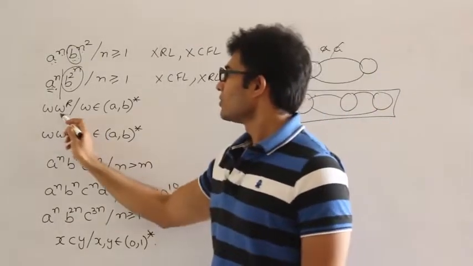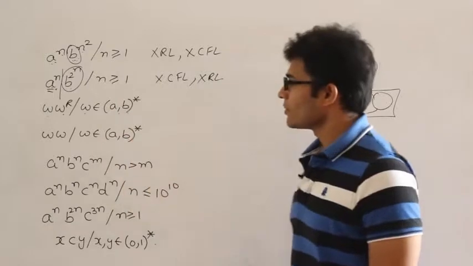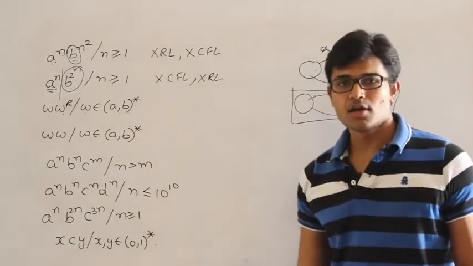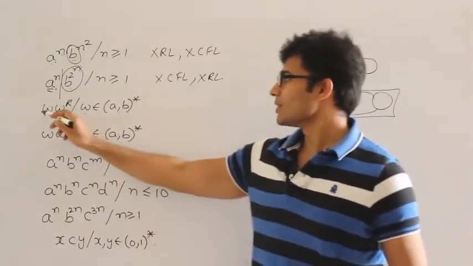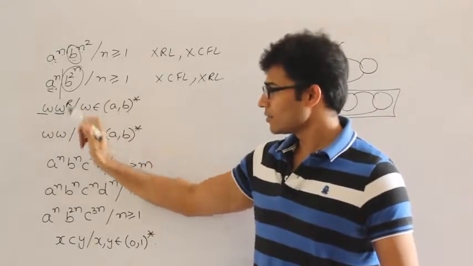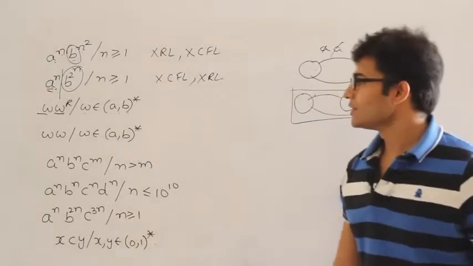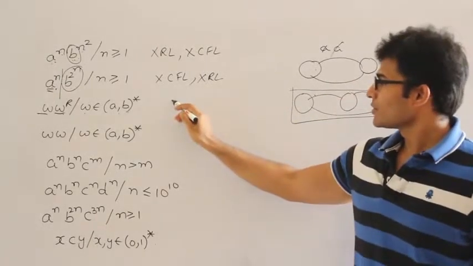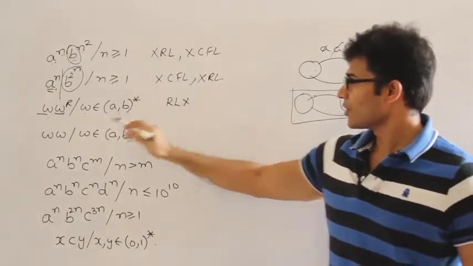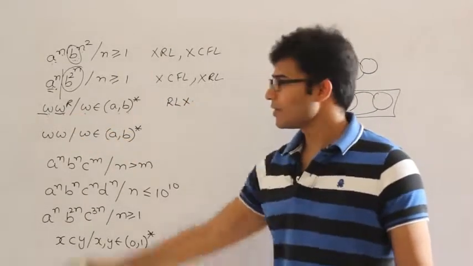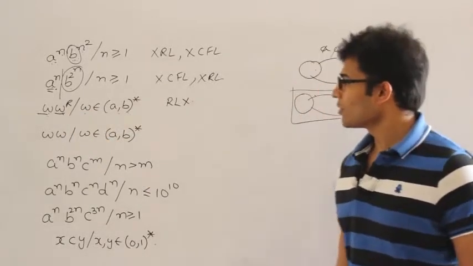And then w w power r, such that w belongs to {a, b} star. It is nothing but the set of all even length palindromes. So we have to save w and then compare it against w power r. This example we have seen. This is an example of a non-deterministic context free language, which means the language is not regular, because I cannot save infinite w and compare it against infinite w power r.